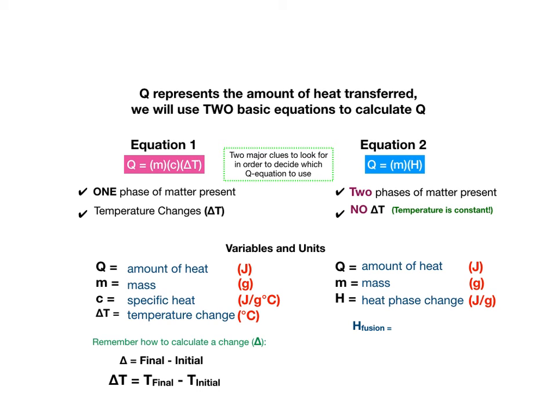Fusion is an older term for melting. So pick out heat of fusion to use if your descriptors are melting or freezing. If your sample is changing between the liquid and gaseous phase, liquid to gas, gas back to liquid, we will use the heat of vaporization value, and clues in the wording would be boil or condense.